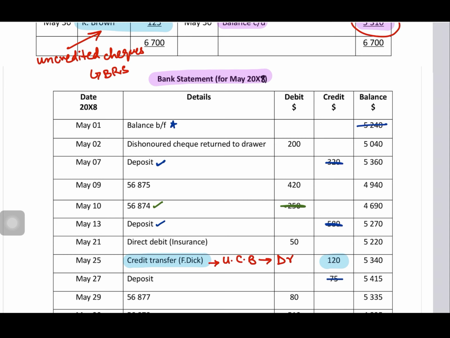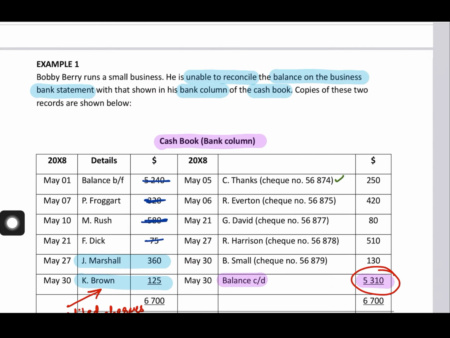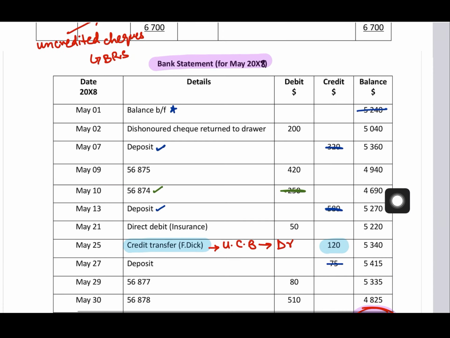Sometimes amounts can be the same but for different transactions, right? So you have to cancel the same transaction in both the statements. And for such confusing transactions, the reference number is usually given, right? So 56874, 56874, this will be cancelled. Then next is against the check 56875, 420.